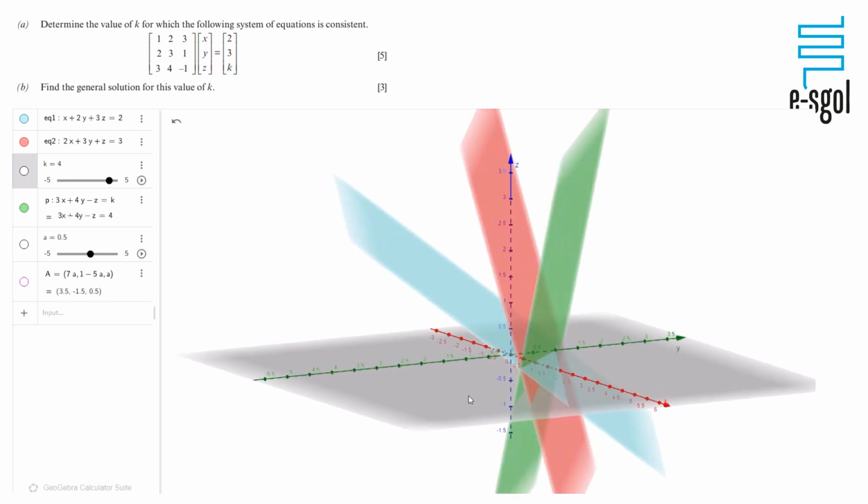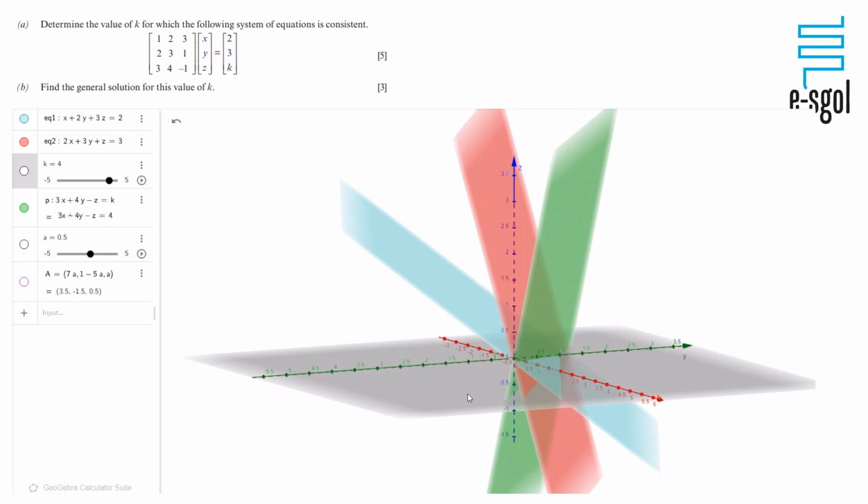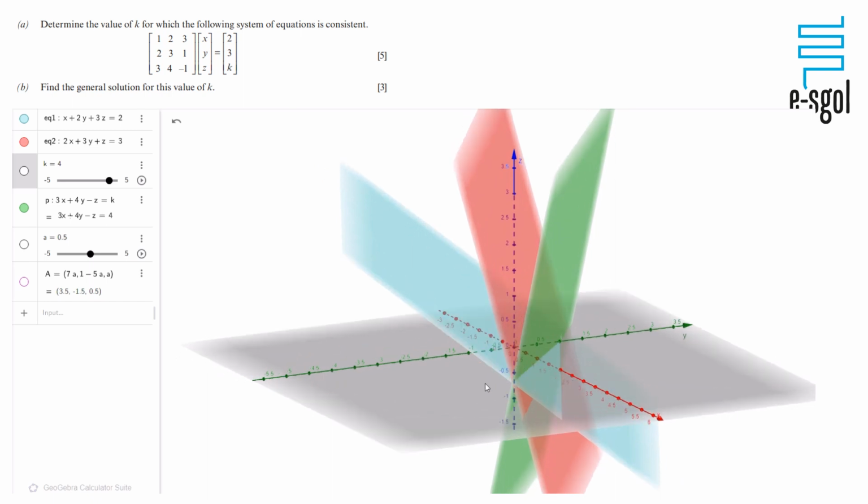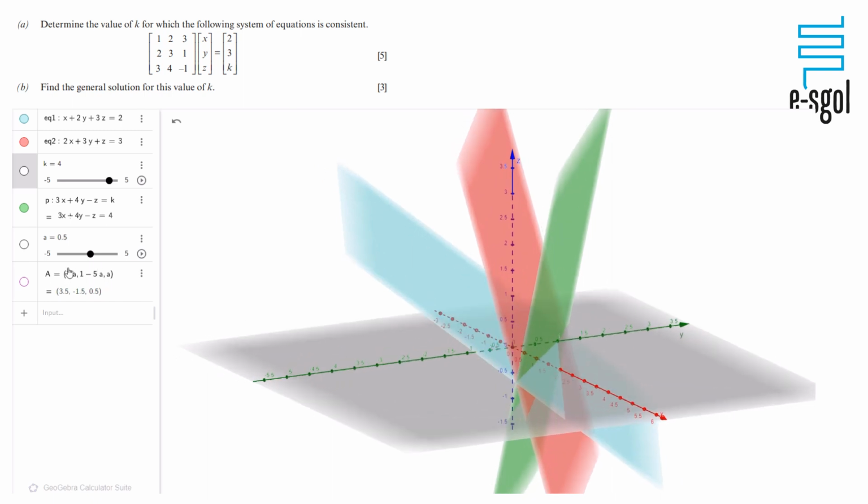The general solution then is saying, let's create a coordinate that sums up anywhere on that line. So can you see over on the left hand side, I've created that, and I couldn't get the alpha symbol, so I've said it's 7a for the x coordinate, 1 minus 5a for the y coordinate, and then a for the z coordinate.